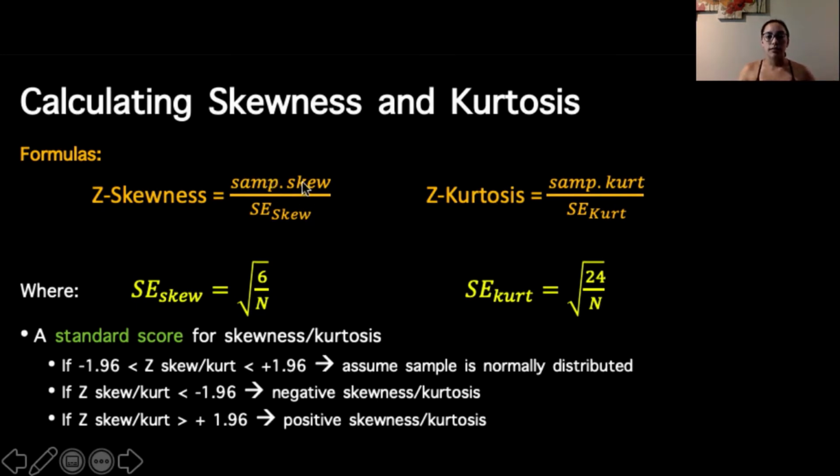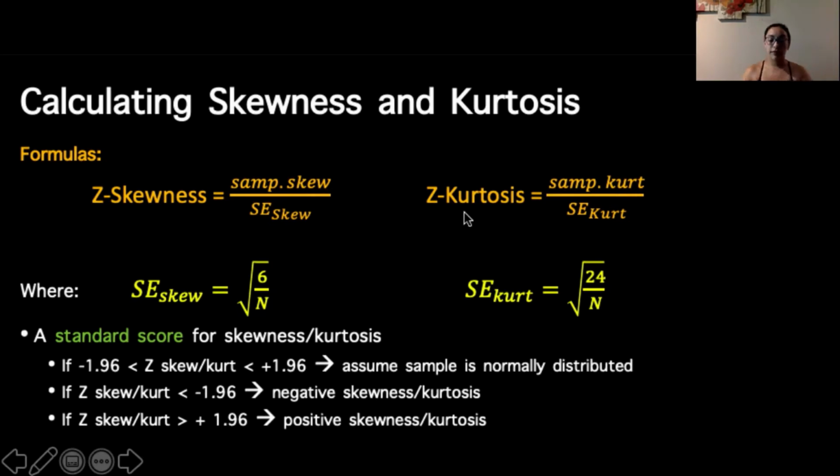So when we run calculations in SPSS, it'll give us a sample skewness and a standard error of skewness. It's important to remember that sample skewness is not the same thing as our z-score of skewness. The same could be said for kurtosis. Okay? The z-score of skewness and kurtosis are what we are using to assess normality in this class.